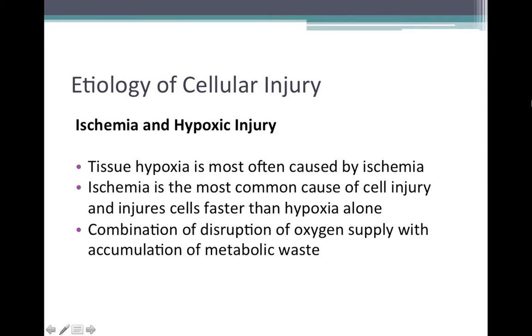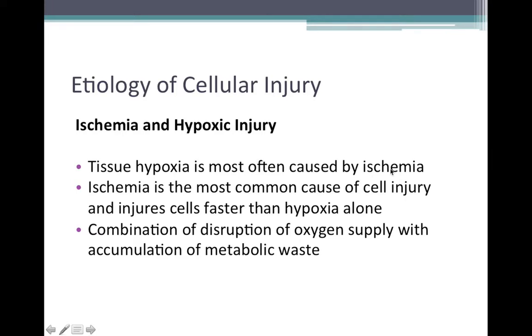So back when we talked about coagulative necrosis, we talked about how that's typically caused by ischemia. And I mentioned how ischemia is due to a lack of blood flow. Now, hypoxia basically is a word to describe low oxygen levels in a tissue. But typically, tissue hypoxia is caused by ischemia.